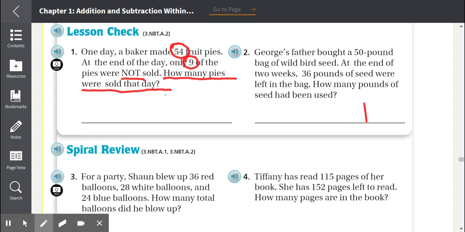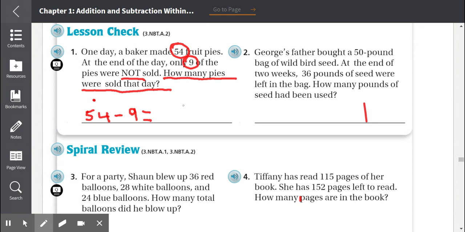So we had a total of 54, and only 9 of them were not sold. So 54 minus 9. So let's subtract. Now we know we don't subtract going horizontally, so let's line them up vertically.